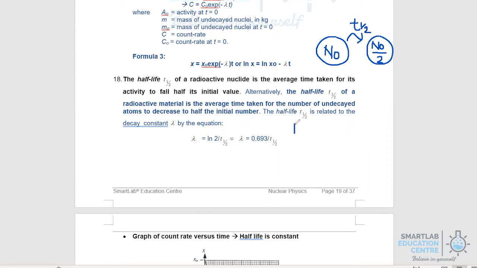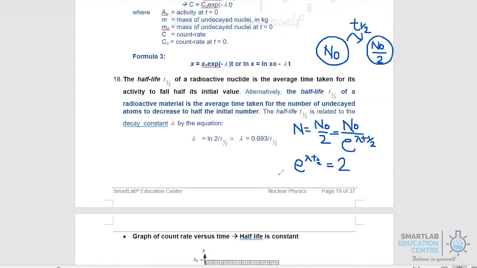So using the formula where N is now equal to N naught over 2, that is equal now to N naught e to the power of minus lambda t half. So hence from this expression, e to the lambda t half is now equal to 2.